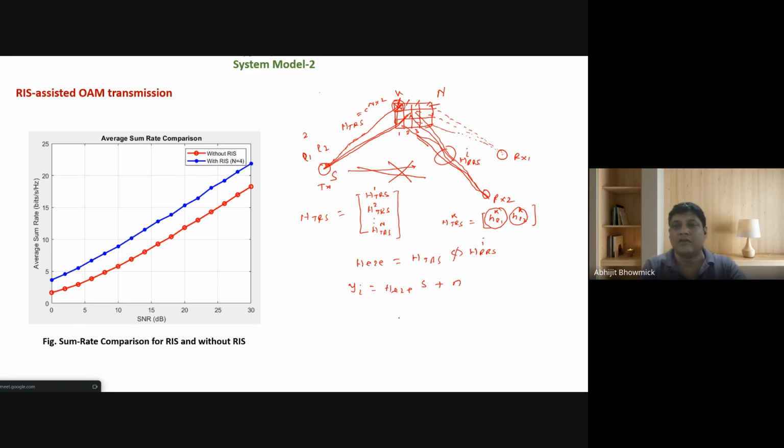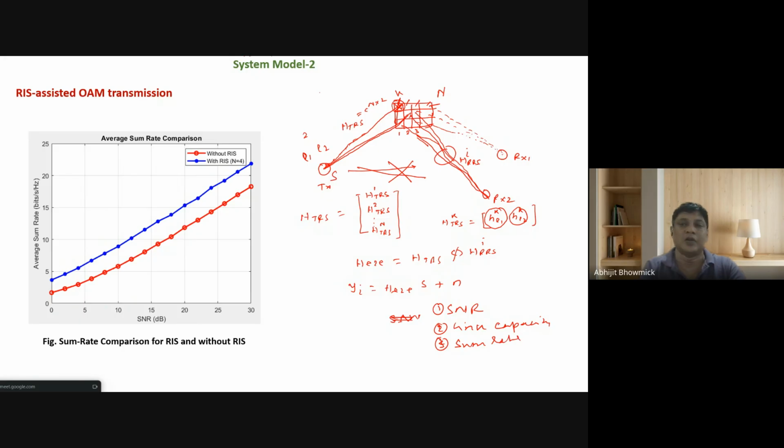So if I model this SNR, I can model SNR. I can model link capacity using this equation.